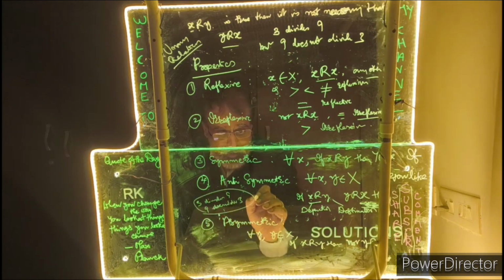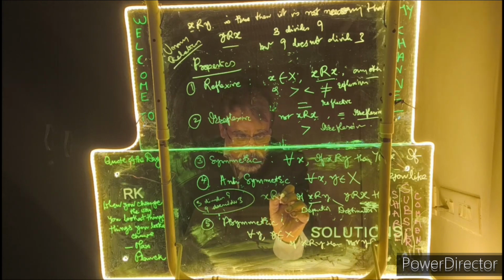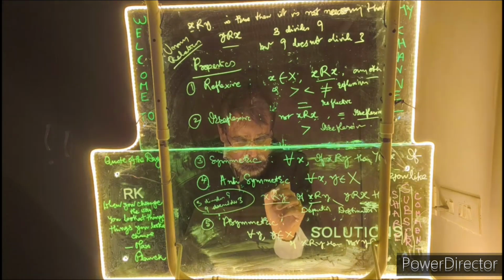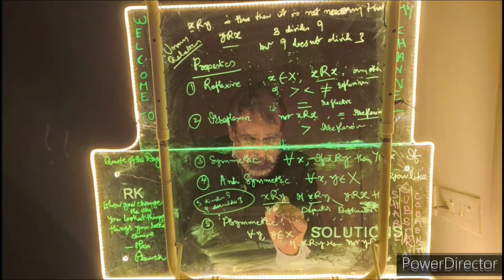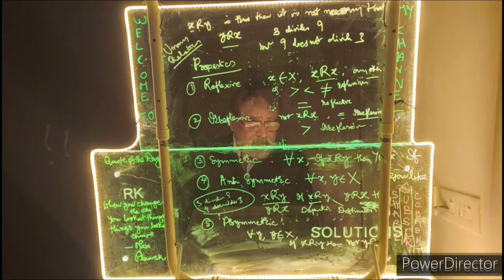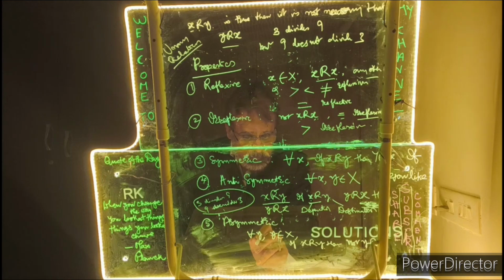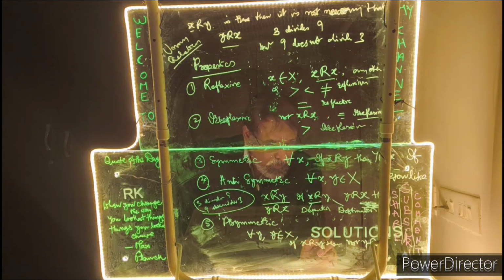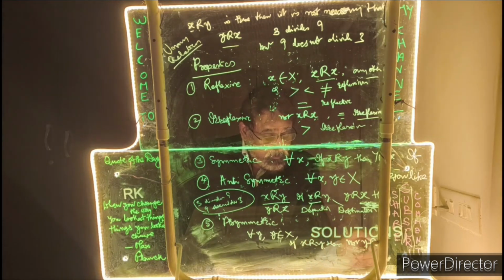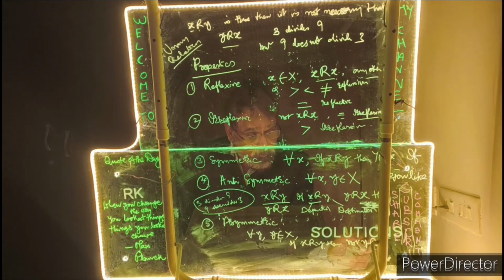So if there is a relation R from x to y, it is not necessary that there should be a relation from y to x. There is no relation from y to x. From x to y, there is a relation. But then that is asymmetric.